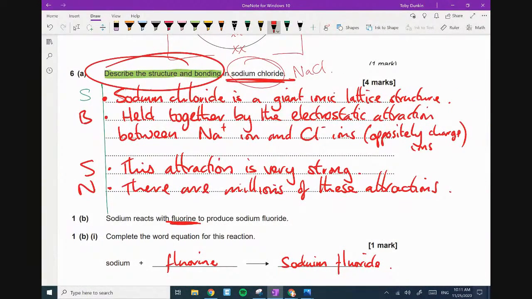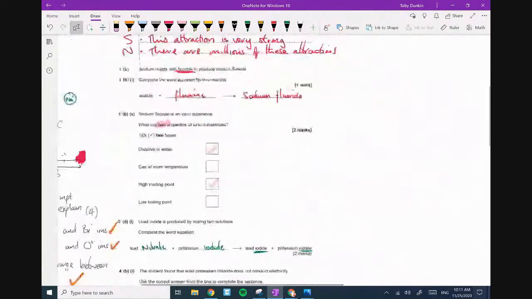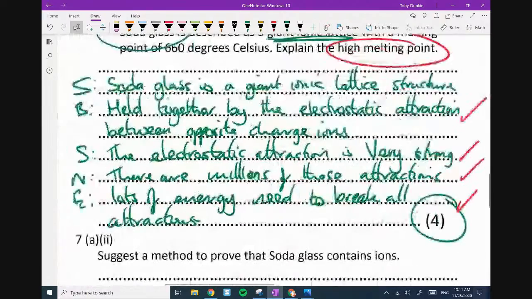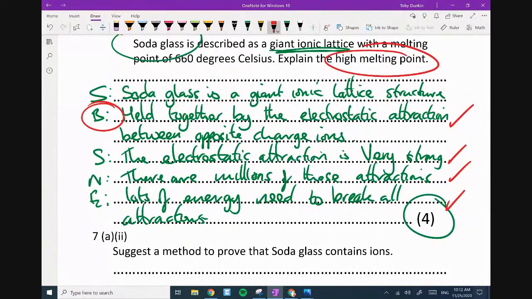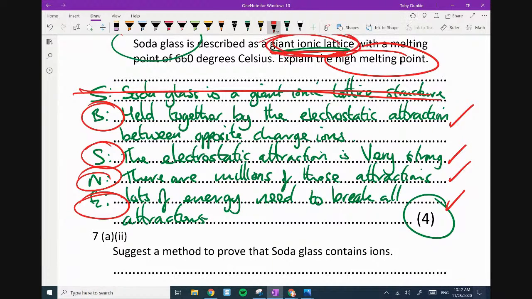Yeah, no mention of melting point, no need for energy. But it's 4 marks. Bonds. In this case, it should be 5. Giant ionic lattice, 1. Bonds, strength, number, energy, 4 marks. We don't need the first one, Jack, because they told us it in the question.